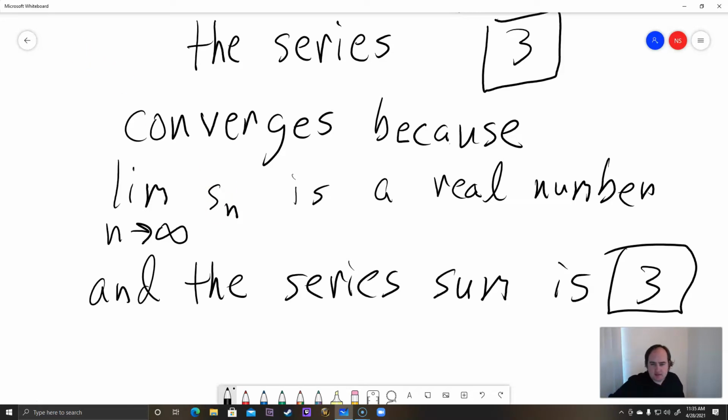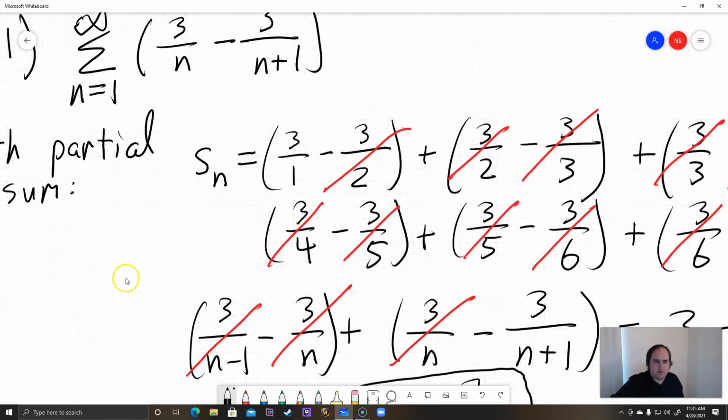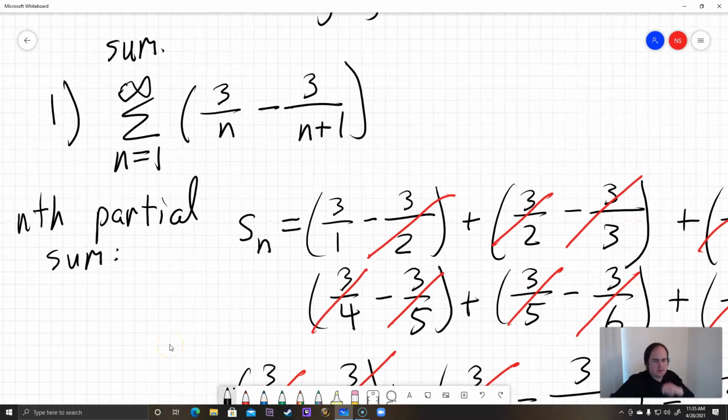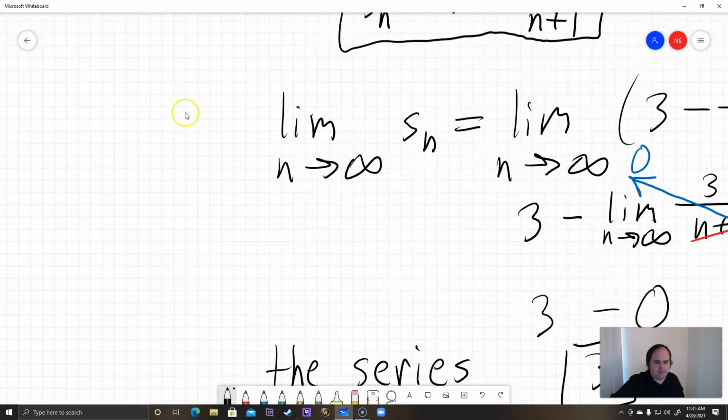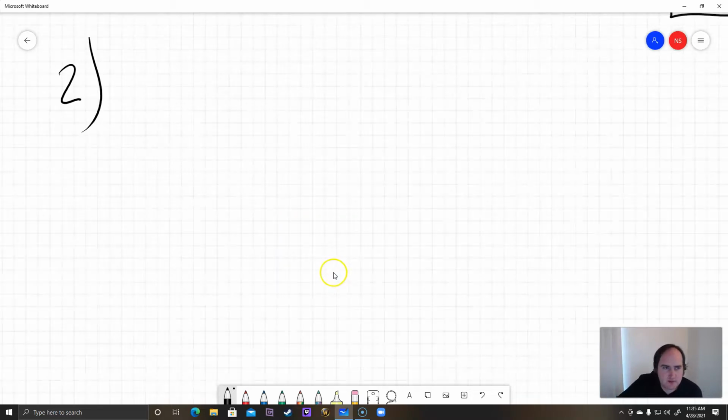We haven't seen any series that diverge, so let's take a look at another one, maybe one that might diverge. So this was example number 1. Let's take a look at example number 2. This is another telescoping series.